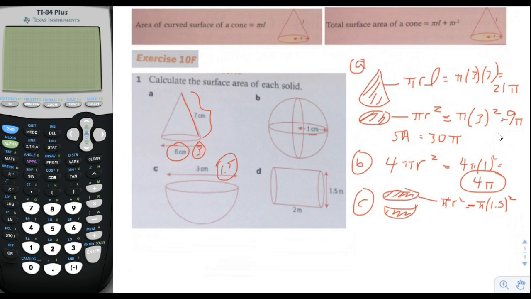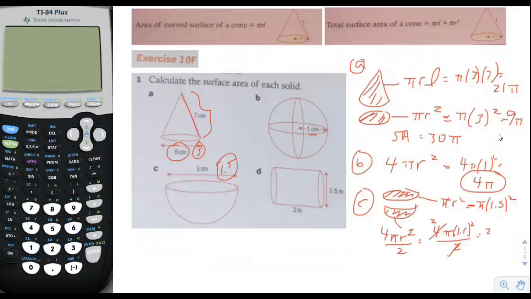And this curved part is going to be 4 pi r squared divided by 2, because it's just half of a sphere, right? And the radius is 1.5, so it'd be 4 pi 1.5 squared divided by 2, so this would cancel out, give you 2. So 1.5 squared is 2.25.